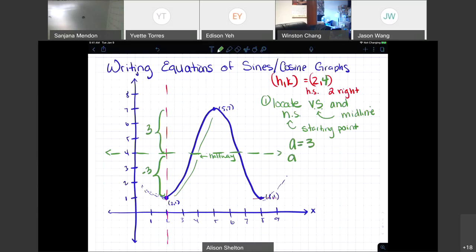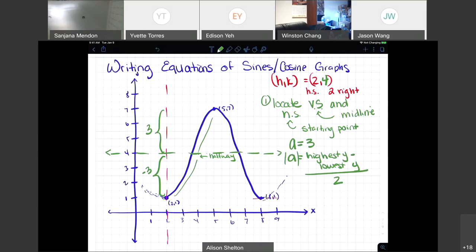It's the highest y minus the lowest y value, all divided by 2. That'll give you your absolute value.